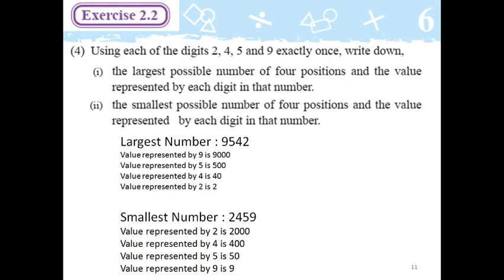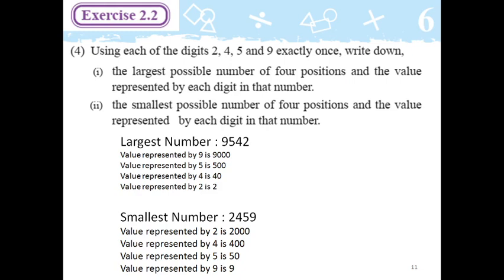How do we find out the smallest possible number? First digit should be the smallest digit from the given digits. Then 2, then 4, 5 and then 9. Okay, in that way we can find out the largest number and the smallest number.